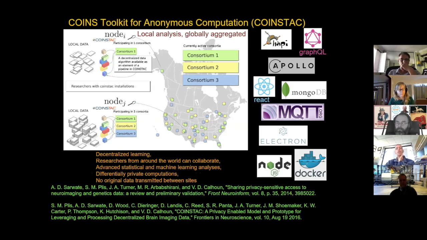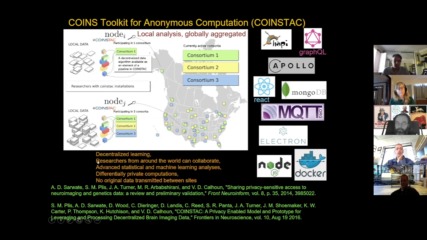So that's what COINSTAC is trying to do, essentially keeping data local and performing analysis via consortia, which are created by one of the sites that have the data, and the analysis is then done in a decentralized, or now the term popularized by Google, federated learning.